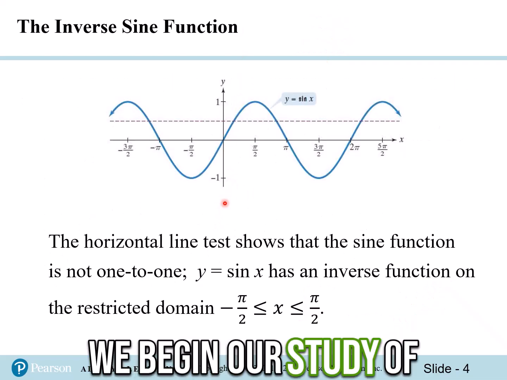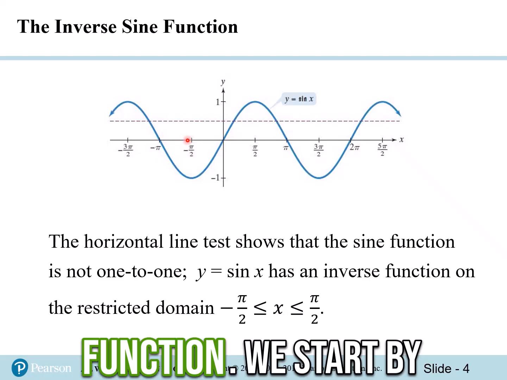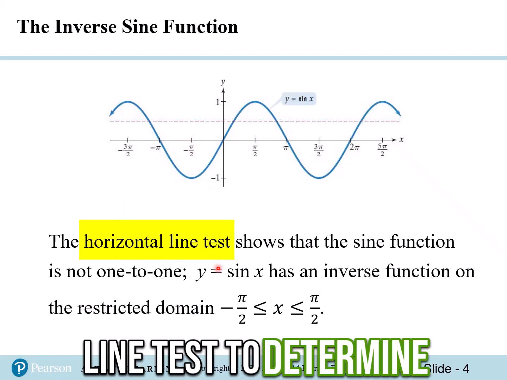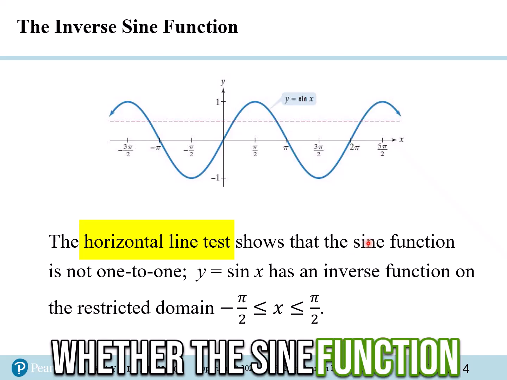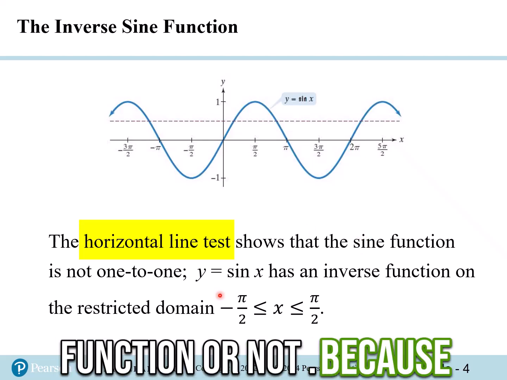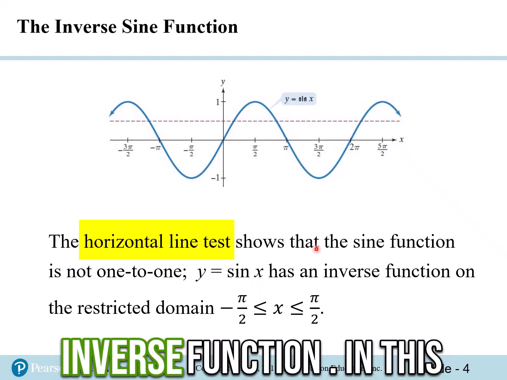We begin our study of inverse trigonometric functions with the sine function. We start by performing a horizontal line test to determine whether the sine function is indeed a one-to-one function or not, because only when a function is one-to-one will it have an inverse function.